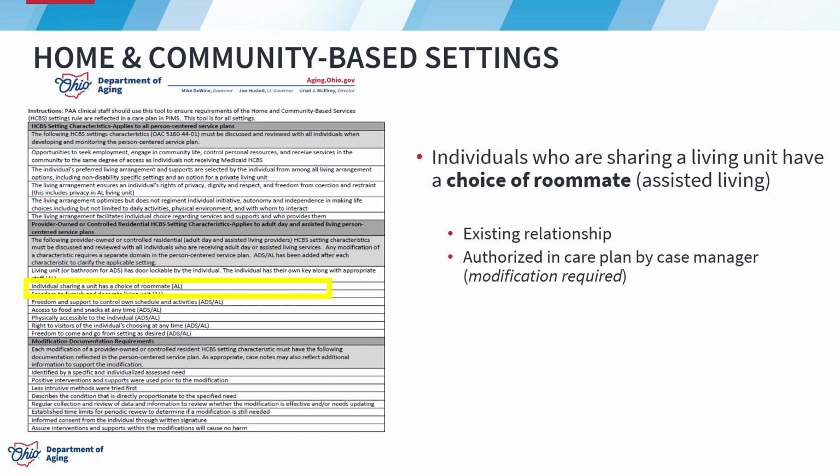I put a modification required under there because anytime you are having an individual with a roommate, it has to be in the care plan. It has to be represented that the existing relationship existed and it's documented in the care plan. So by default, the modification has to be in the care plan. Obviously, there's not going to be a roommate in an adult day, so that's why you just see assisted living.